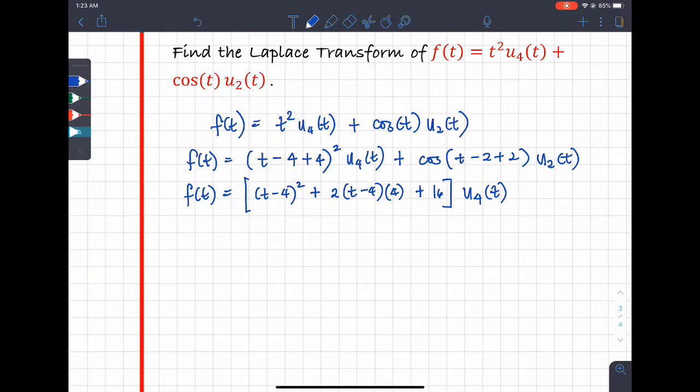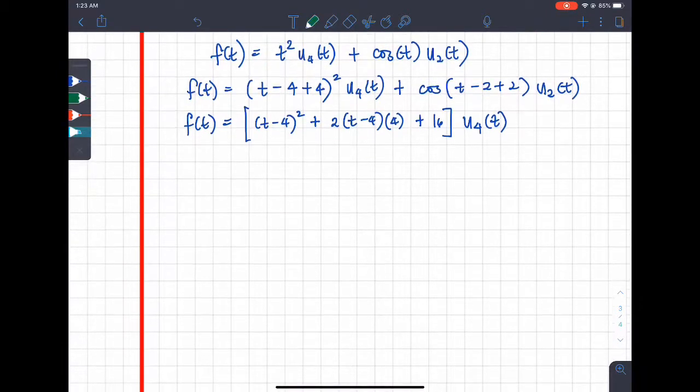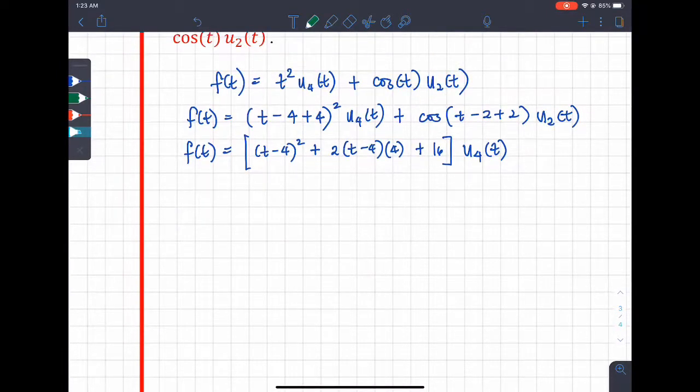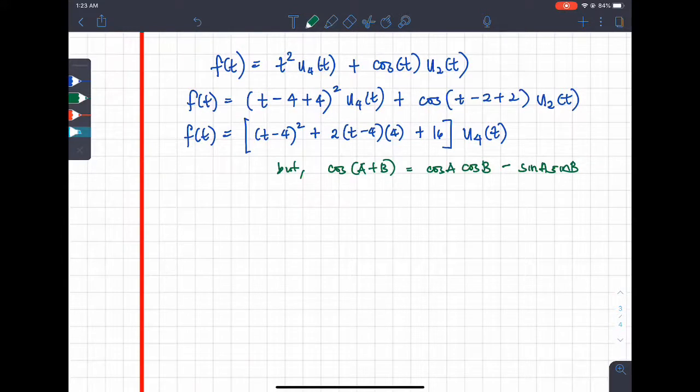And then for cosine, remember that cosine of a plus b is the same as cosine a cosine b minus sine a sine b. So here a is t minus 2 and b is 2.